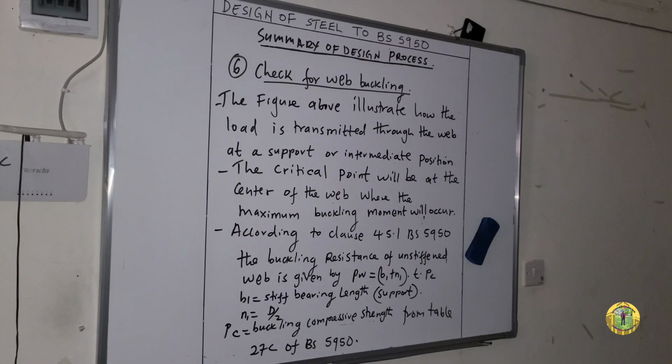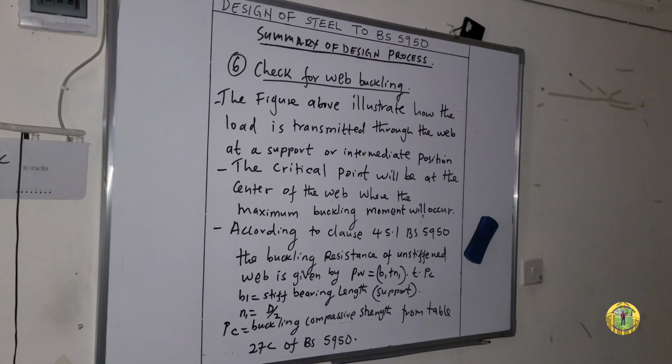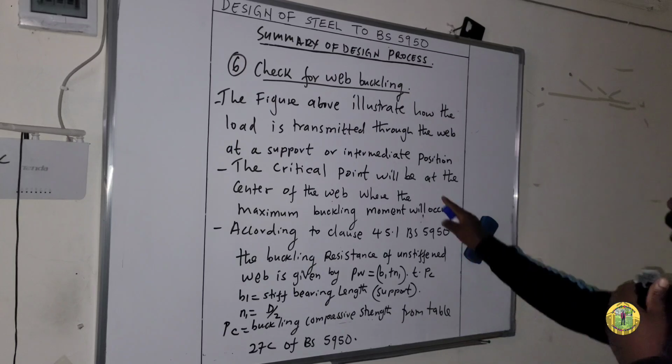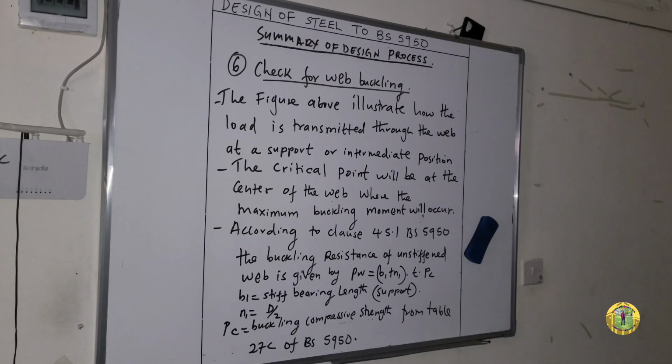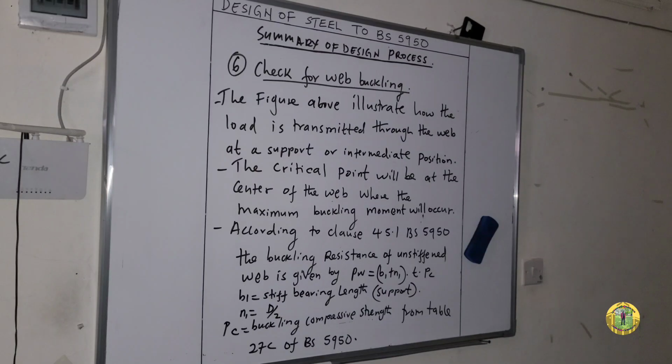The figure above illustrates how the load is transmitted through the web at the support or intermediate position. The critical point will be at the center of the web, where the maximum buckling moment will occur.